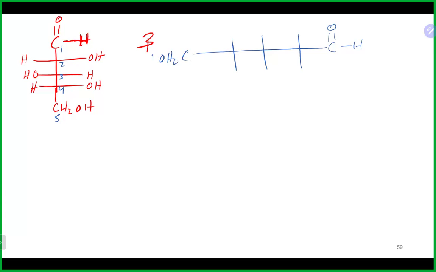And again, 1, 2, 3, 4, and 5. And here, everybody to the right will go down. Everybody to the left will go up. So we'll have an H, an OH, and an H. OH, H, and then OH.